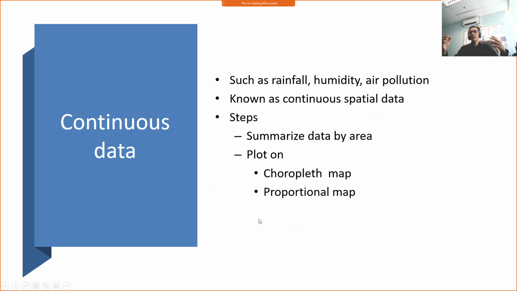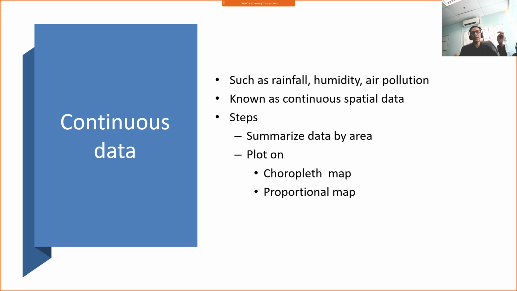Right, and then we have continuous data. Continuous data, for example, rainfall, humidity, air pollution. Okay, these are considered continuous spatial data. Like rainfall, it doesn't have a boundary. So rainfall, humidity, temperature, air pollution, and this data usually comes from remote sensing organizations.